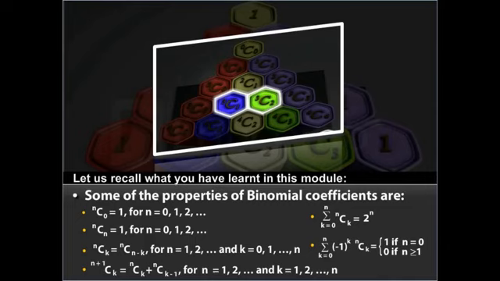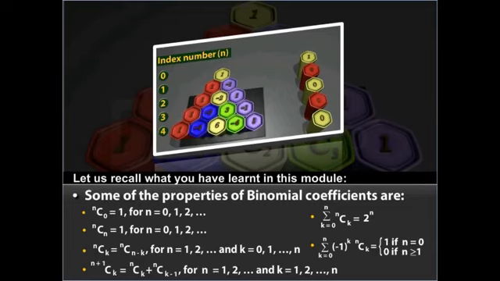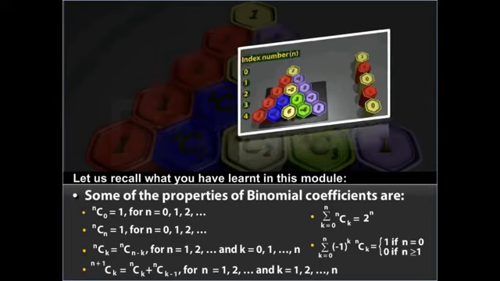The sum of binomial coefficients is given by the summation of nCk, where k varies from 0 to n, is equal to 2 raised to the power n. The alternating sum of the binomial coefficients is equal to 1 for n equal to 0 and 0 for n greater than or equal to 1.